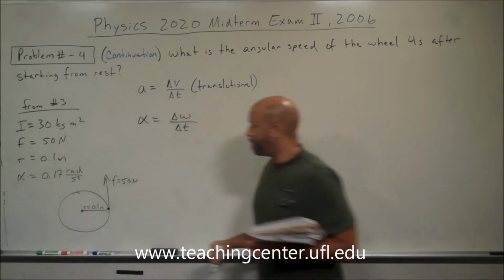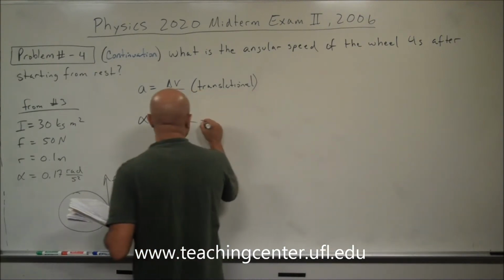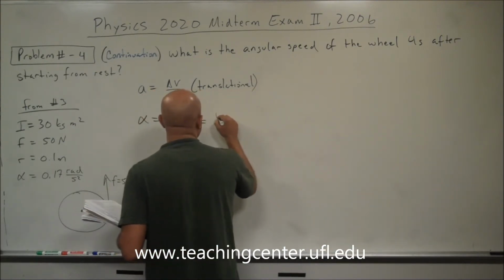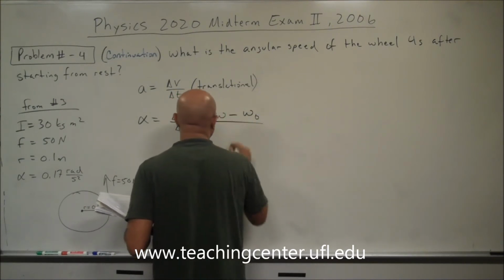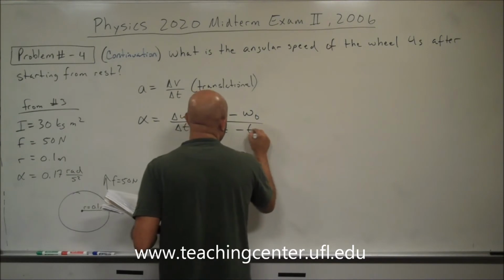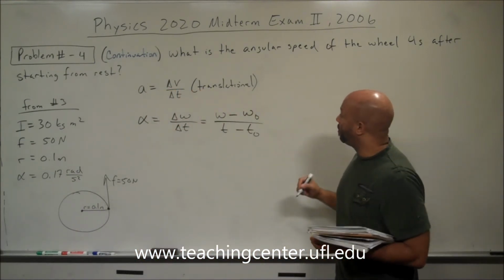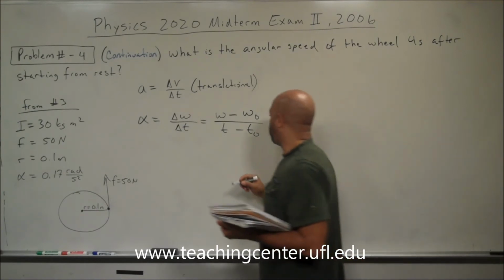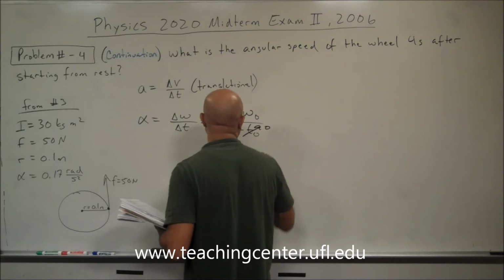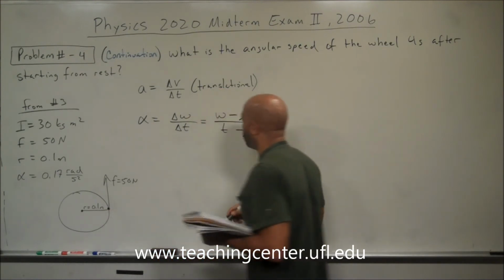We know that the change in velocity is defined as the final velocity minus the initial velocity, over the final time minus the initial time. And we know from the problem statement that if we're starting from rest, we're starting at time 0, and the initial velocity is 0.